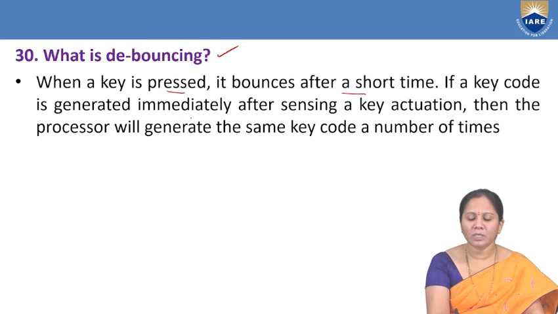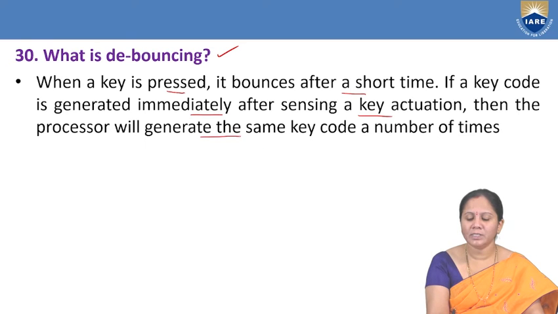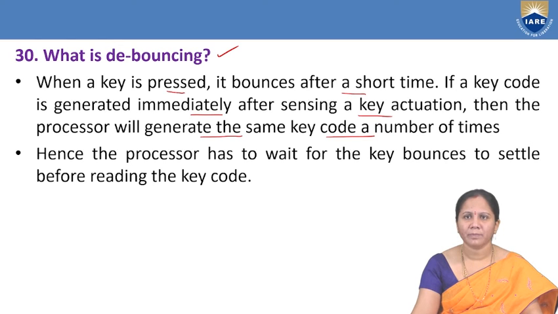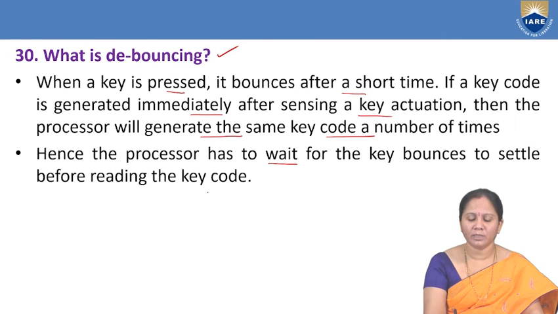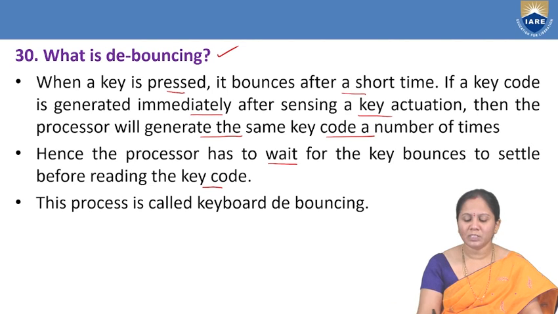If a key code is generated immediately after sensing a key actuation, then the processor will generate the same key code a number of times. So the processor has to wait for the key bounce to settle before reading a key code. This whole process is called key debouncing.